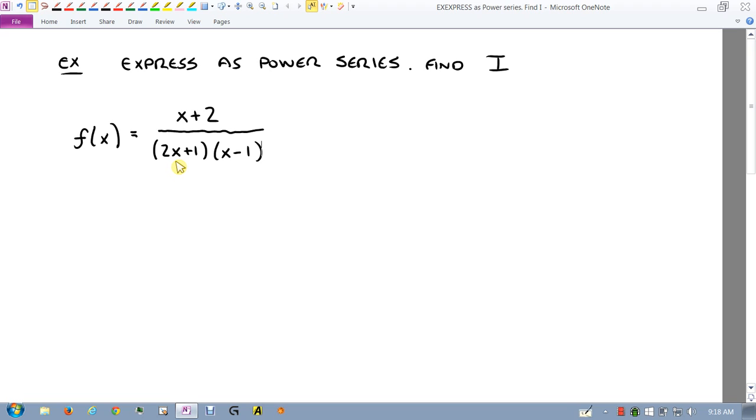But the fact that they're multiplied together creates an issue, right? There's a product there. We already talked about how the product of two infinite sums is not easy to resolve. So what I'm going to do is partial fractions. I'm going to use partial fraction decomposition first to try and split this up into two terms. And I'm not going to show the work for the partial fractions because we've done it so many times.